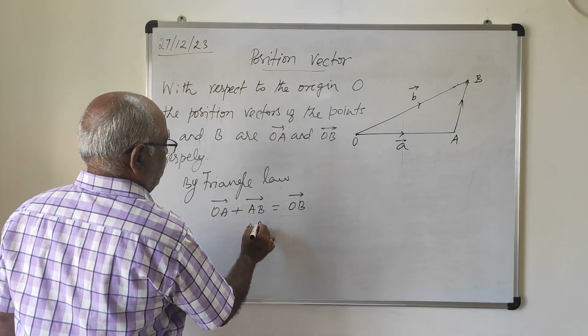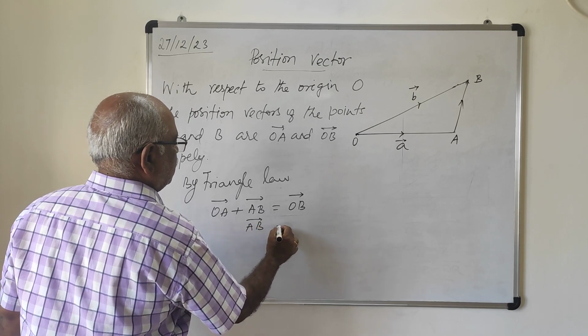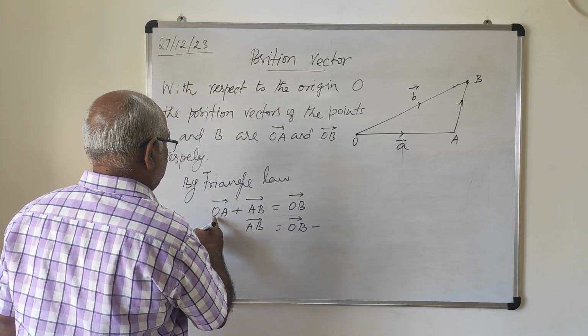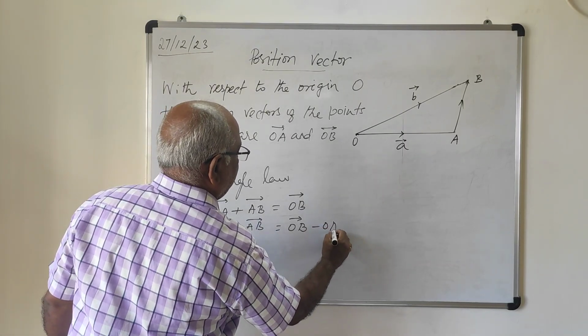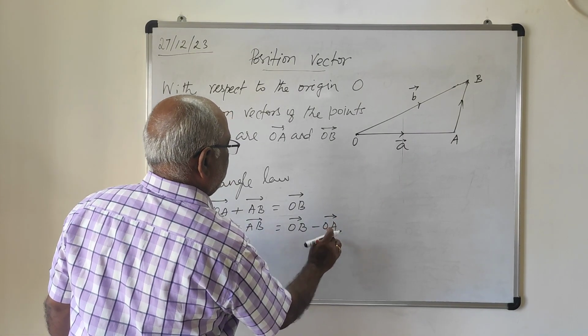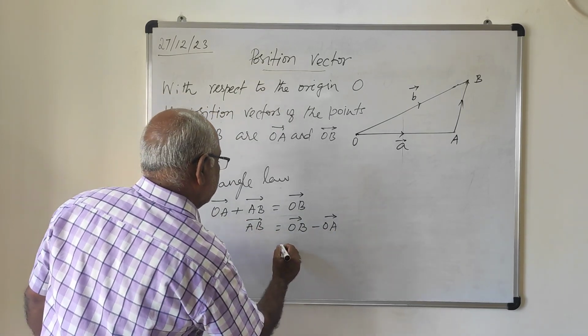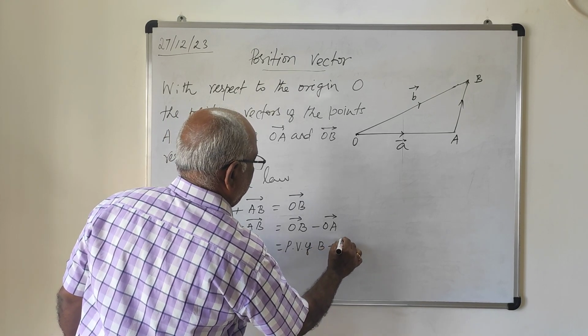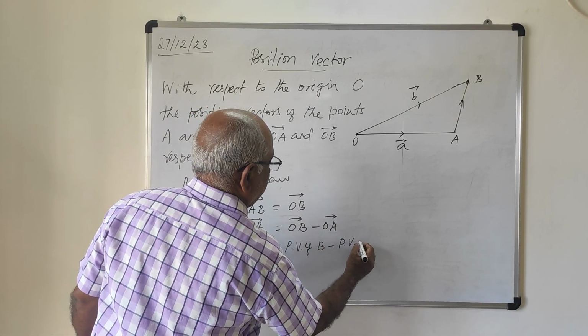From this expression, vector AB equals vector OB minus OA, if you bring it to the right hand side, it's minus OA. So vector AB is vector OB minus vector OA, that is position vector of B minus position vector of A.